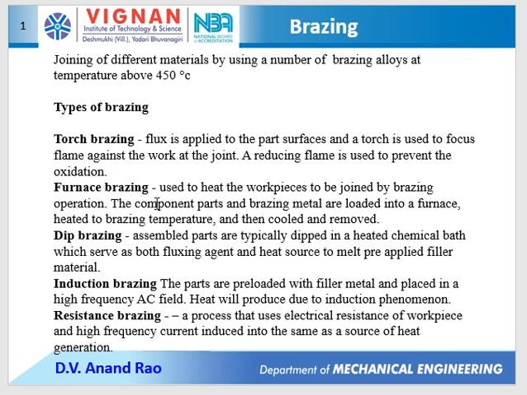Because of that heat, the already applied brazing alloy will melt, and finally we can get a brazed joint between the two workpieces. These different types of brazing methods are classified based on the heat energy supplied.